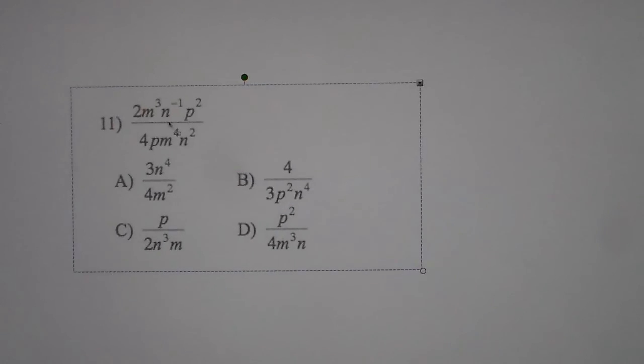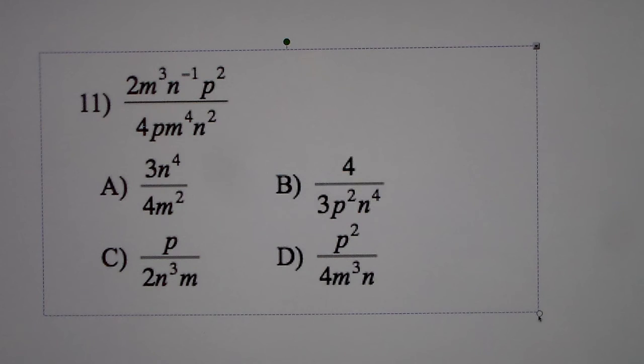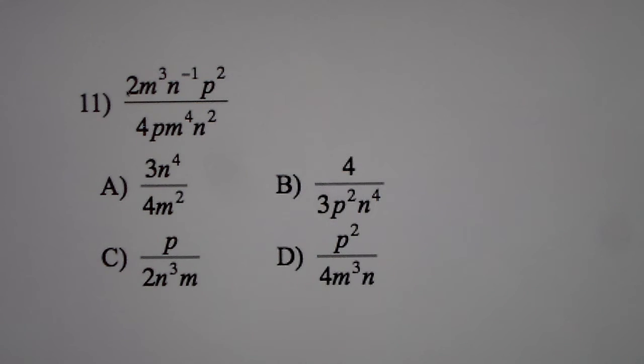Alright, number 11. Doing a whole bunch of problems here just to help you understand this. 2 divided by 4, math, simplify, 1, enter. After we type in that fraction, we know that simplifies down to 1 over 2.